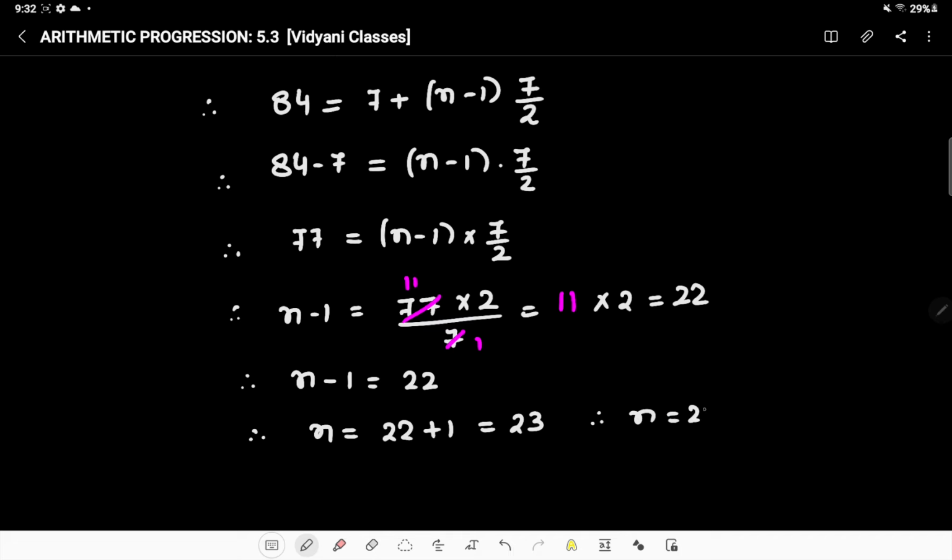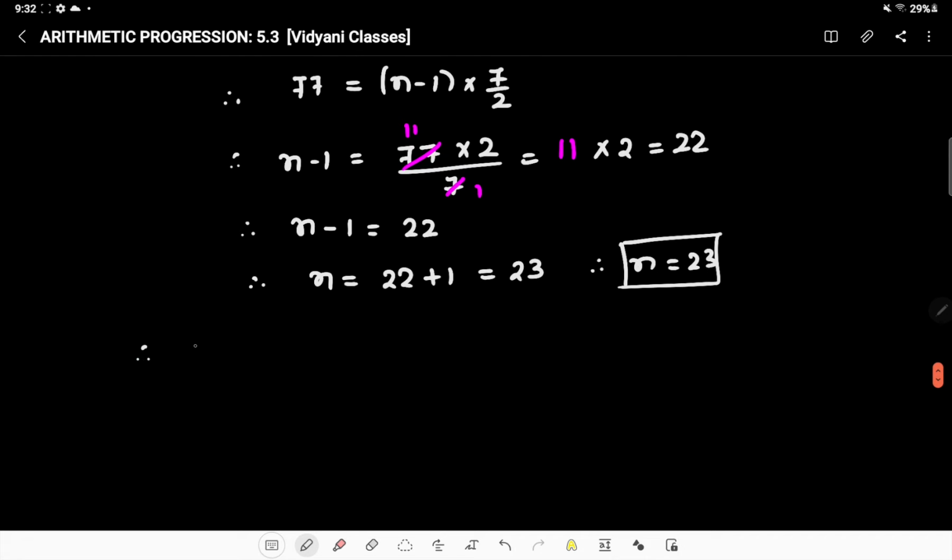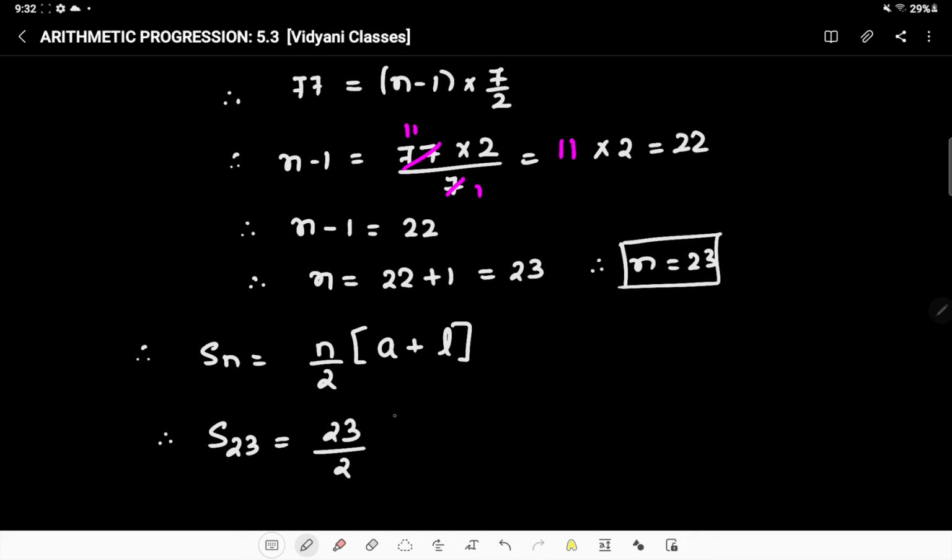Now we have got the value of n to be 23. Now we can apply the formula Sn equals n by 2 into a plus l. Because l is the last term, a is the first term, and n also we know, that is 23. So straight away we can find 23 by 2, a is 7 plus 84.